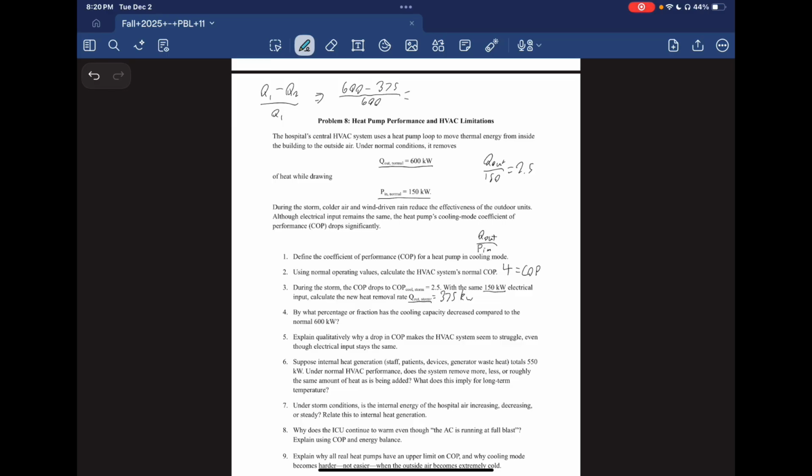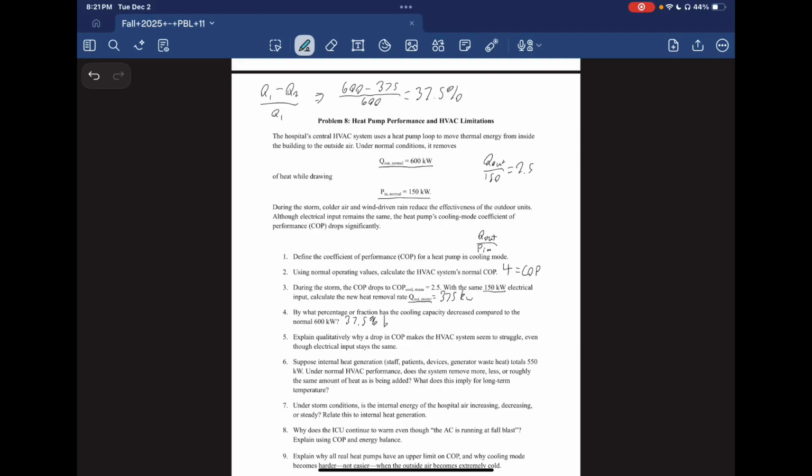And this is 0.375, so 37.5% decrease. So in other words, it's at 62.5% of its original capacity.